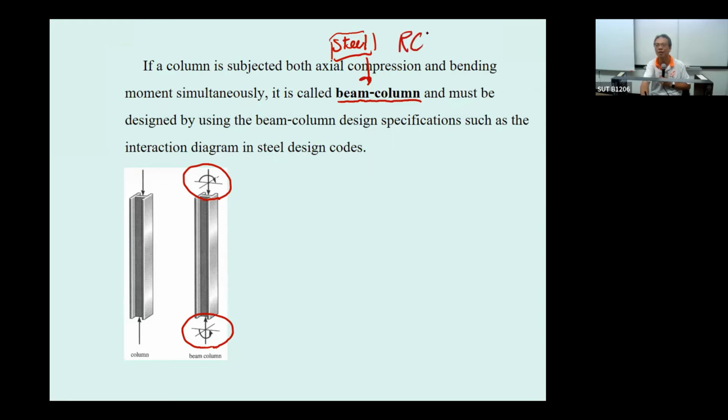If you go to reinforced concrete, there is a way to design the beam column, but the methodology of design is different. Anyway, I have to teach you because the design code for this beam column is different depending on the material you are using.